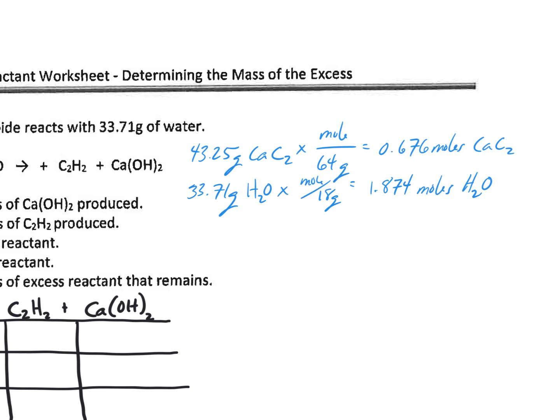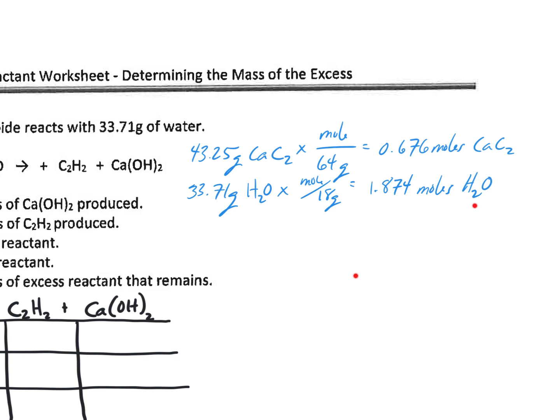So always remember, you always must convert to moles if you're given grams. What I've done here is I've converted the number of grams of calcium carbide to a number of moles of calcium carbide, and the number of grams of water to moles of water.